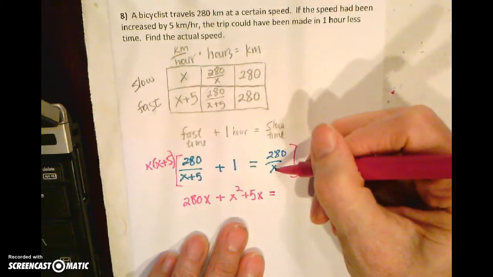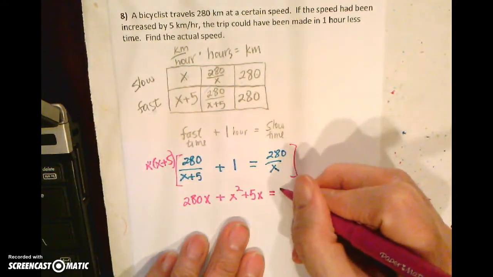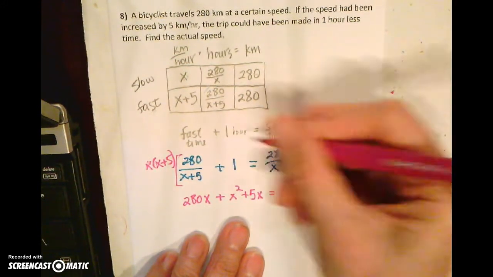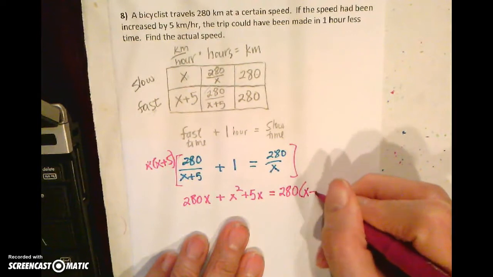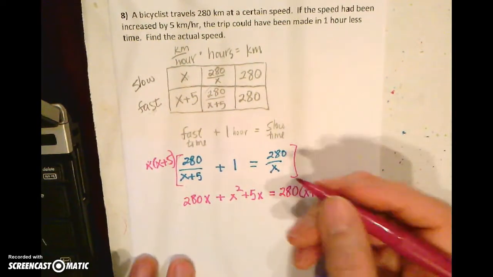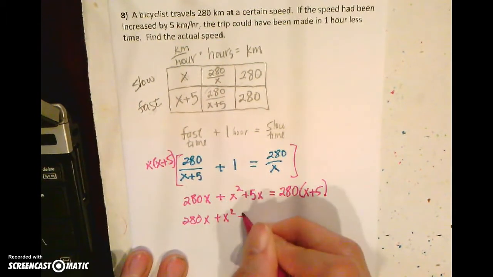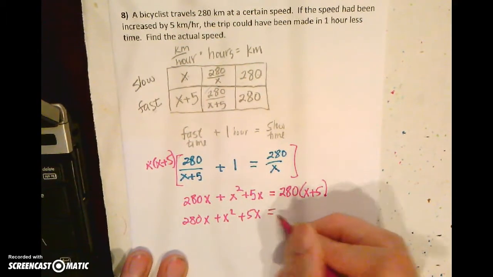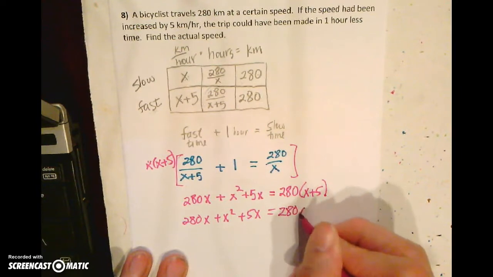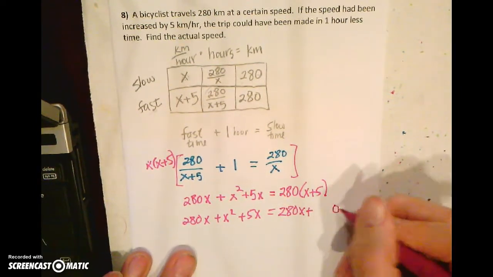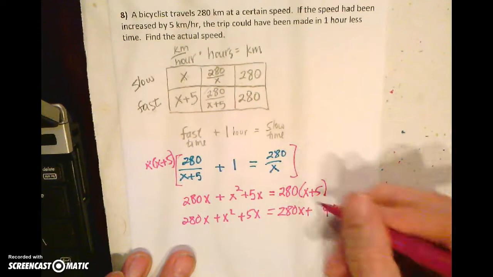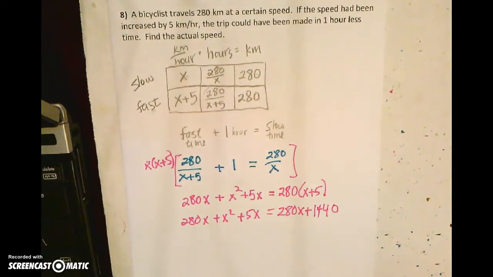And then times the last term, the x's cancel, so I'm going to get 280 times x plus 5. So this will be 280x plus x squared plus 5x is equal to 280x plus a big number: 0, carry 4, 44, carry 4, 14.